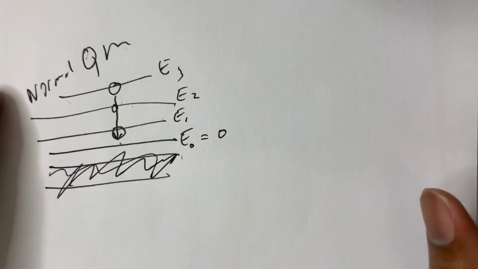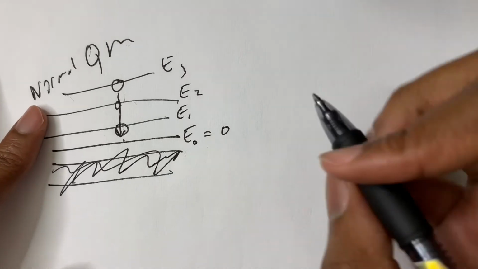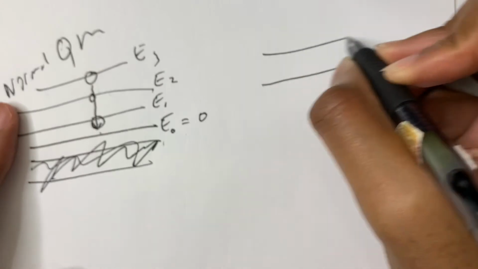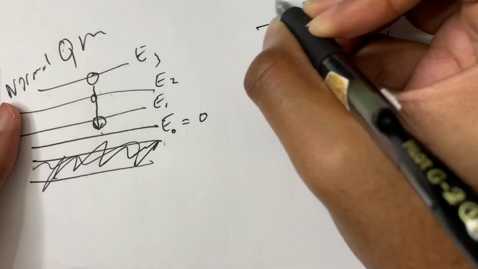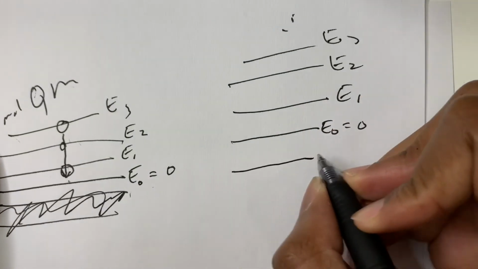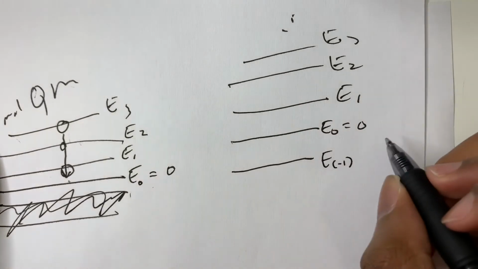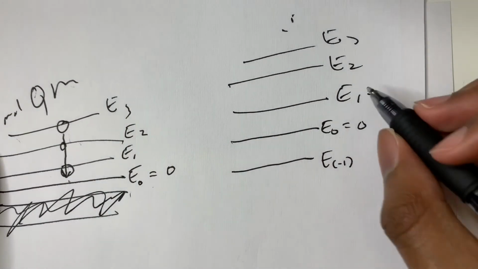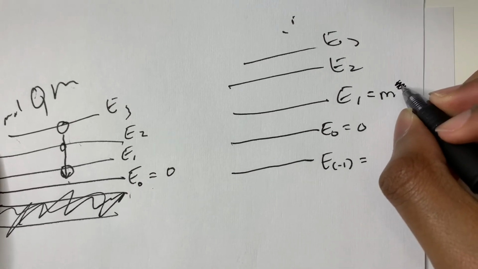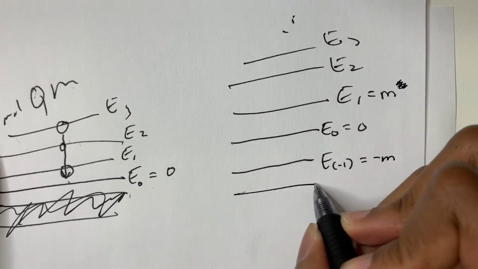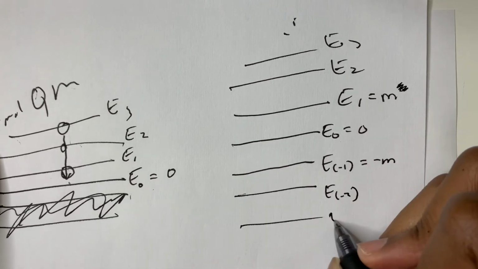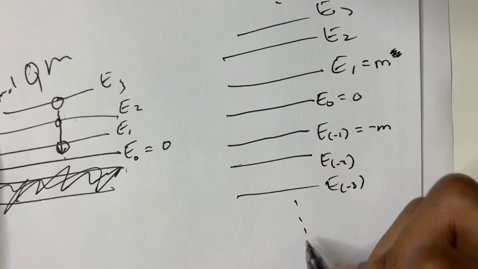But now in the Dirac picture, things are a bit different. Again, we have E naught equals 0, E1, to E3, and up to infinity. But now we also have negative energy. So E minus 1 is minus m, then E minus 2, E minus 3, and so on.